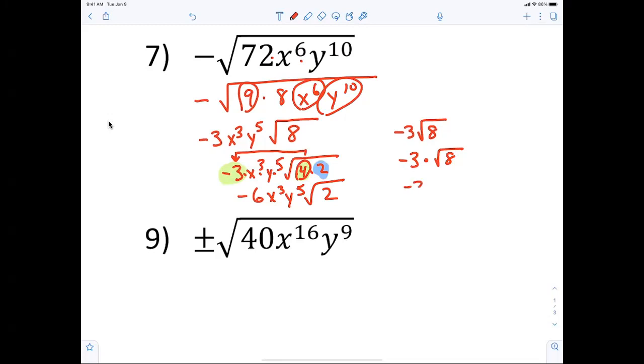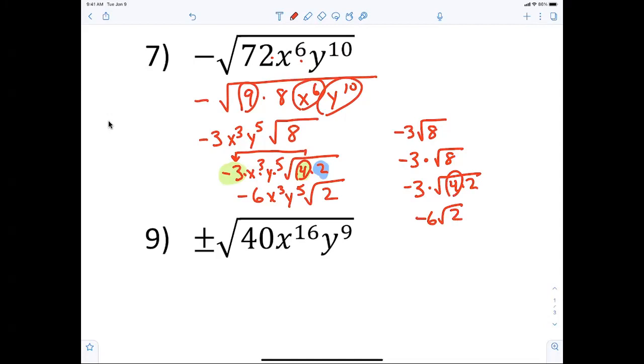So now it's -3 times the square root of 4 times 2. What's the square root of 4? So you're asking me why it's -6 radical 2. That's what your question is. Do you know now?